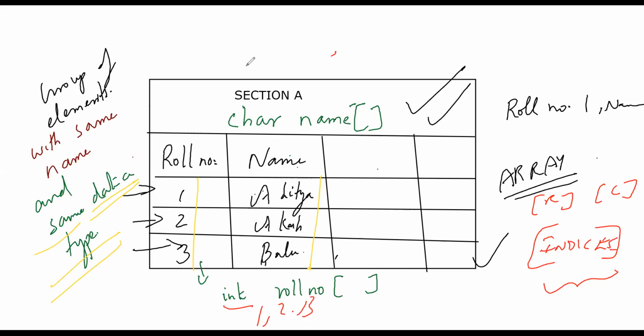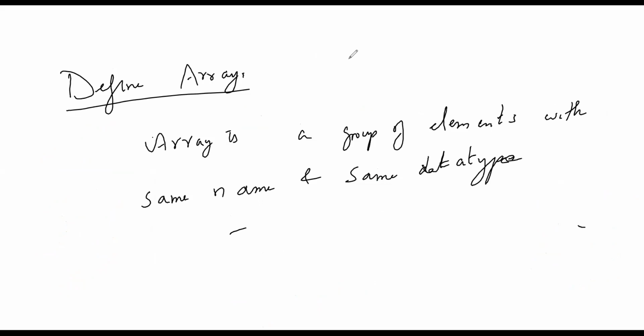Not same character, it is same data type. For name it is same, for roll number it is same. Is it clear? That's why I write the definition like array is a group of elements with same name and same data type.